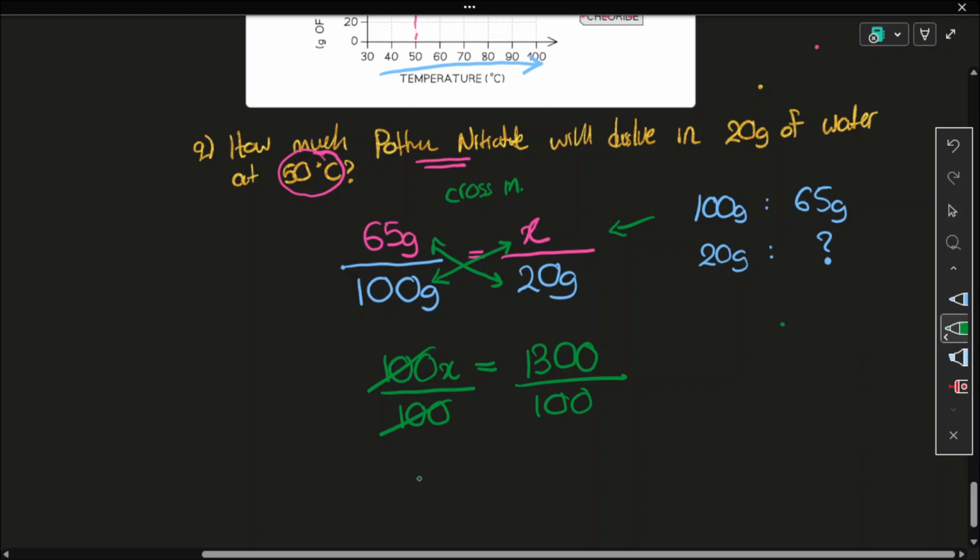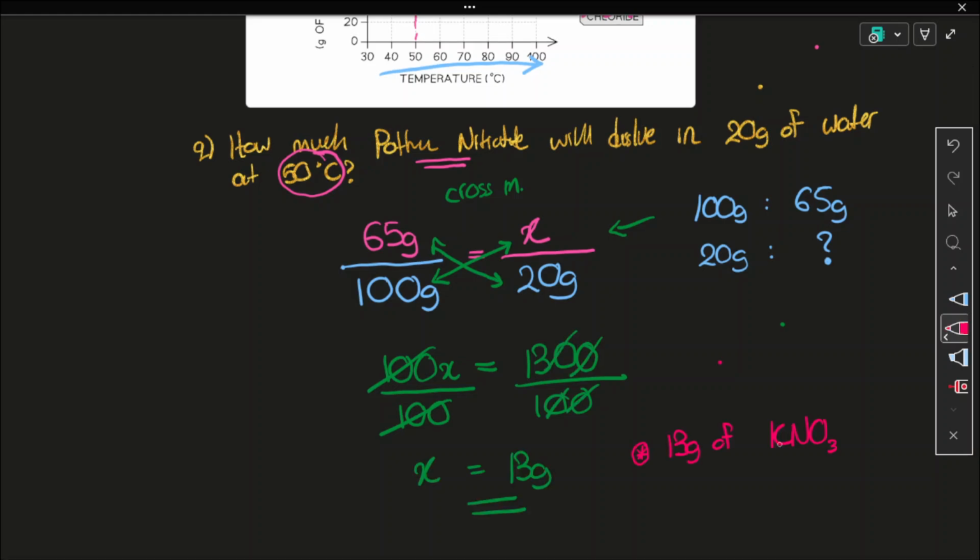Let's write a simple conclusion to make sure we really understood. 13 grams of potassium nitrate, KNO3. I just wrote it for simplicity, don't worry about the symbols. So 13 grams of potassium nitrate will dissolve in 20 grams of water, or 20 milliliters of water.